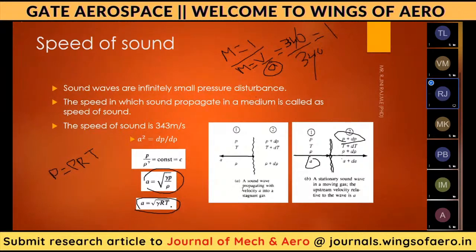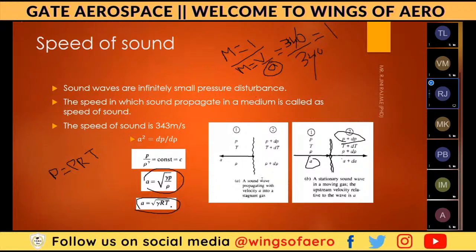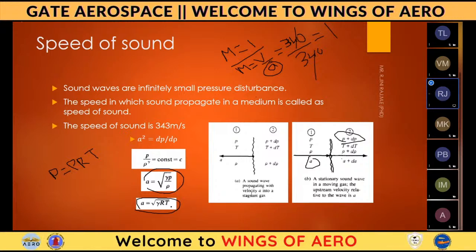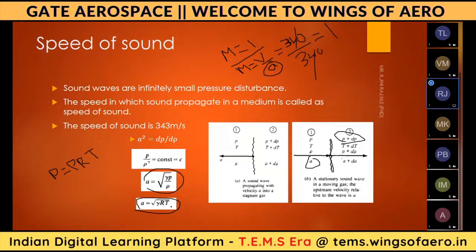So in the first diagram, the sound wave is propagating from right to left.